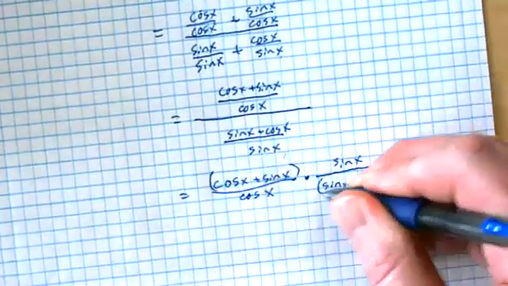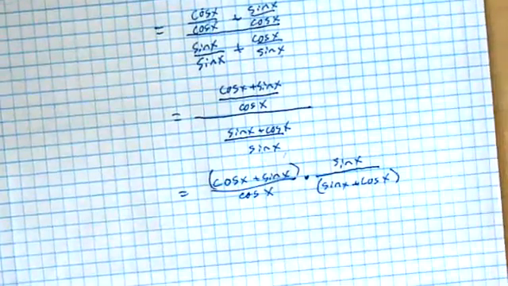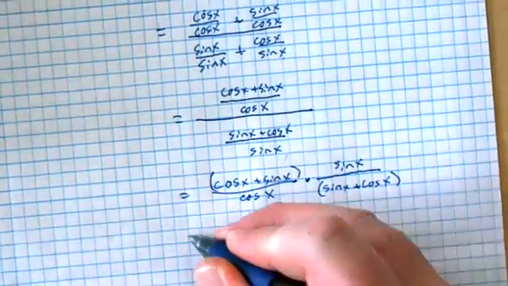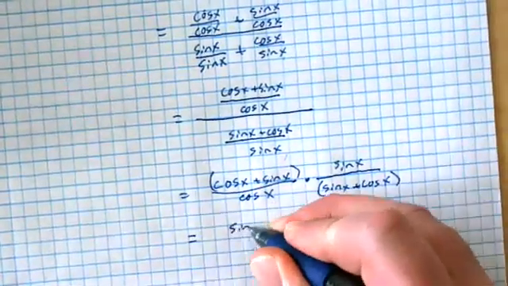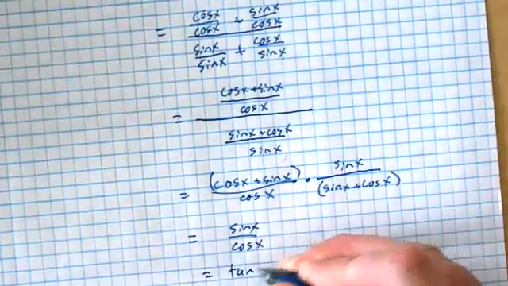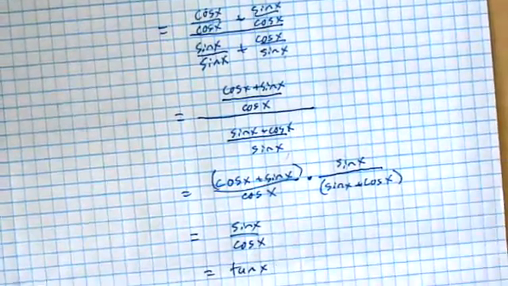I got a couple of factors here that match perfectly and are going to cancel out. So I'll end up with just sine x over cosine x, which is tangent. That one got a little messy.